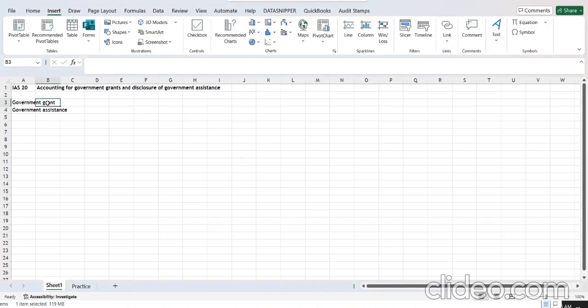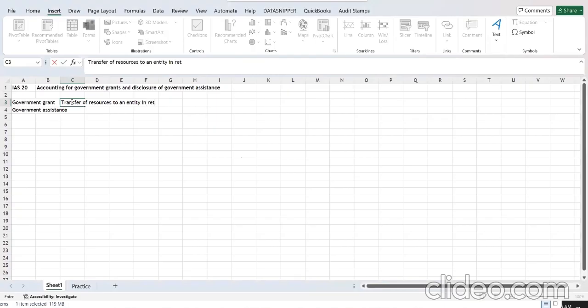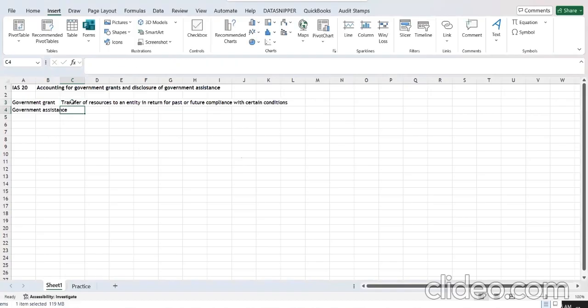Okay? So government grant is basically transfer of resources to an entity in return for past or future compliance with certain conditions, right?